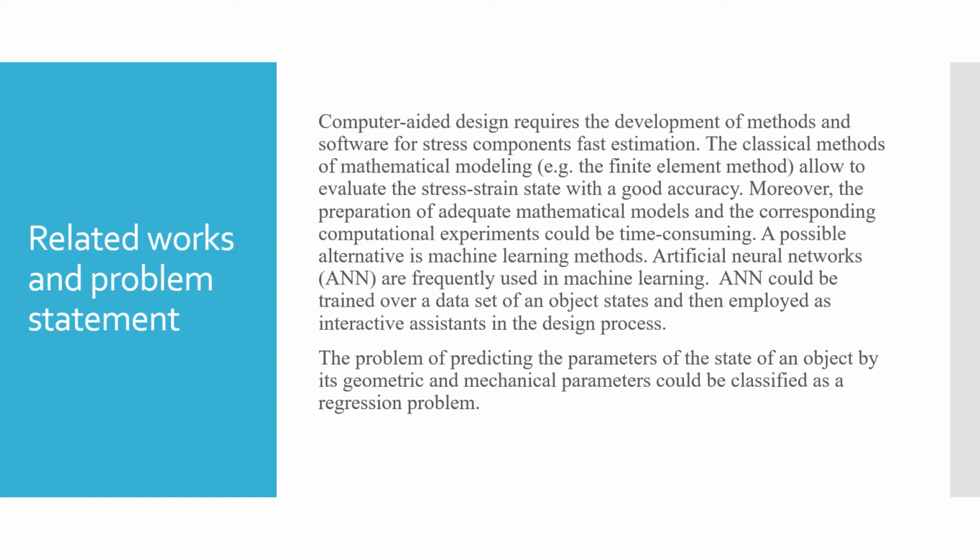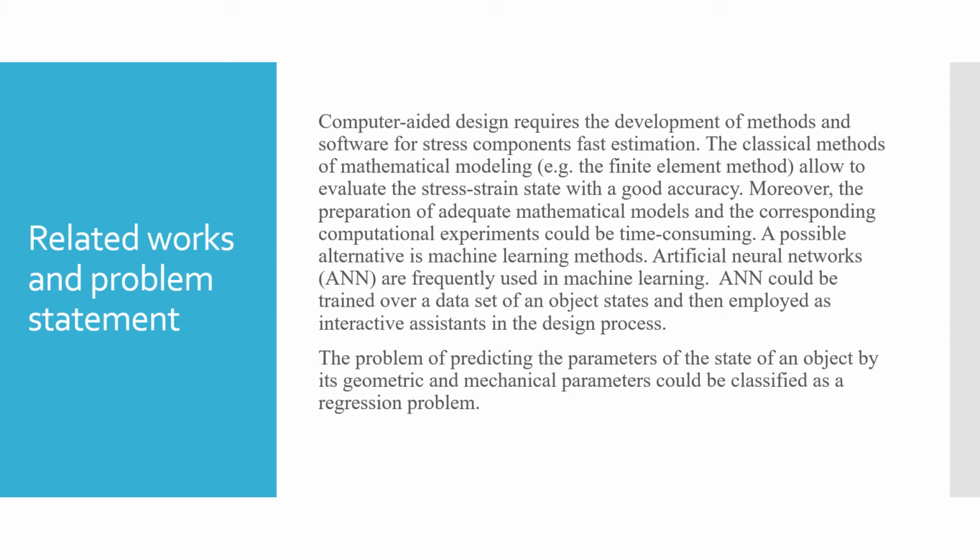Artificial neural networks are frequently used in machine learning. ANN could be trained over a data set of an object state and then employed as interactive assistants in the design process.